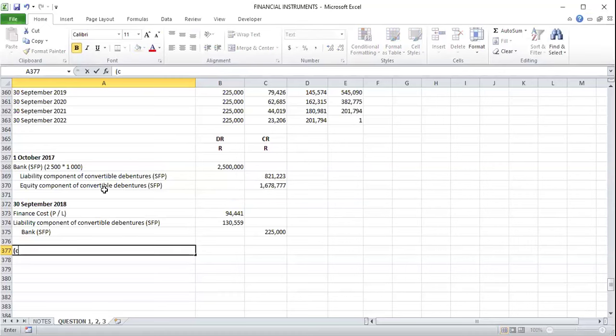Let me just say extracts: the statement of financial position as at 30 September 2018.